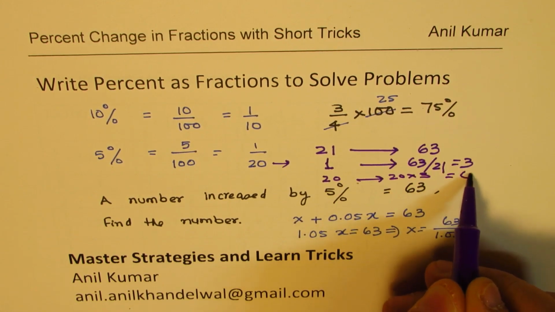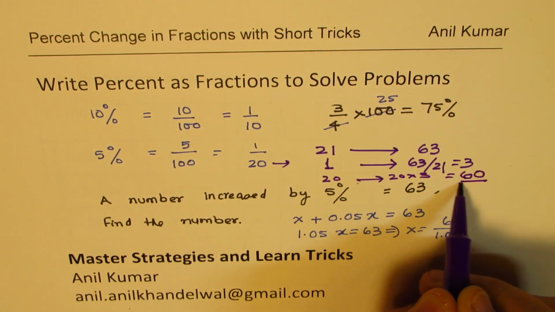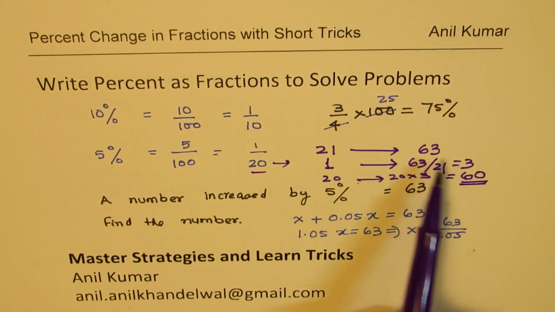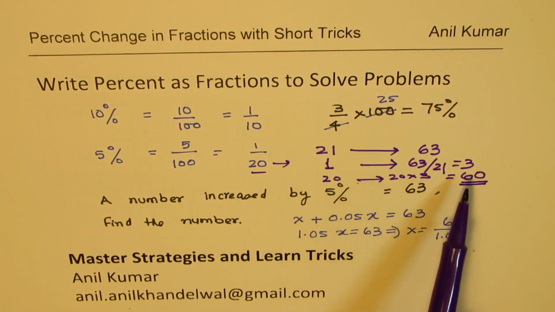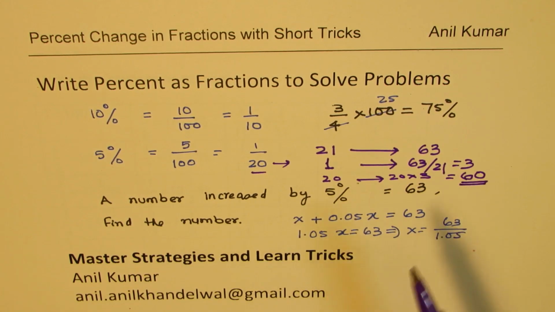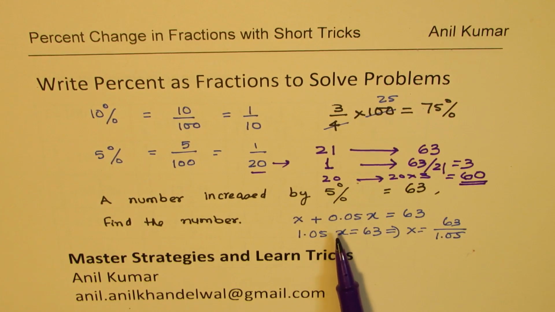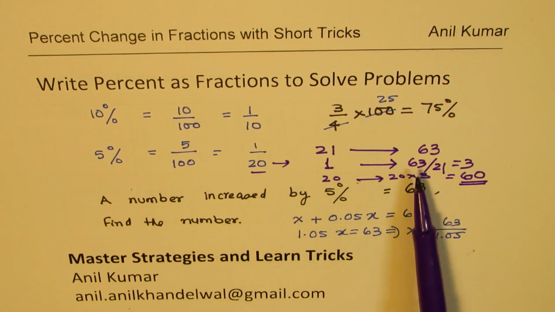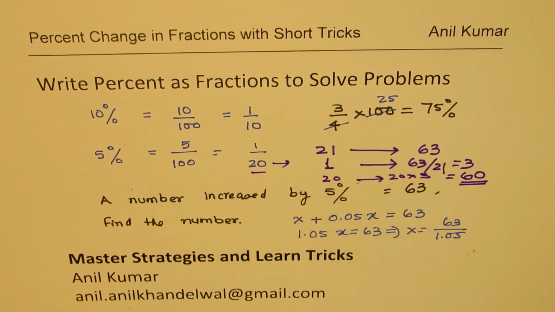So the original number is 60. So you got a gist of it. You could actually do these calculations without a calculator. So the whole idea here is to get away from our number system and algebra to the logic behind percent and fractions to solve them. Perfect. So I hope you get the idea of what we are going to experience in this video, right?